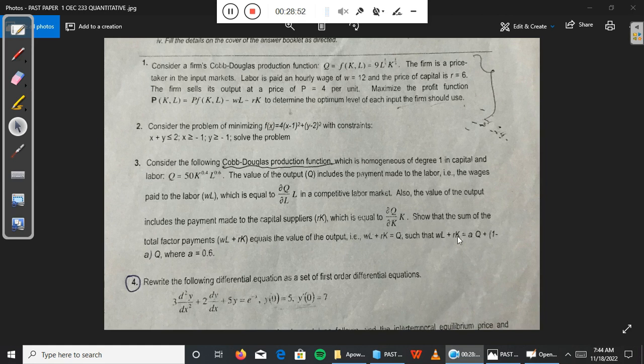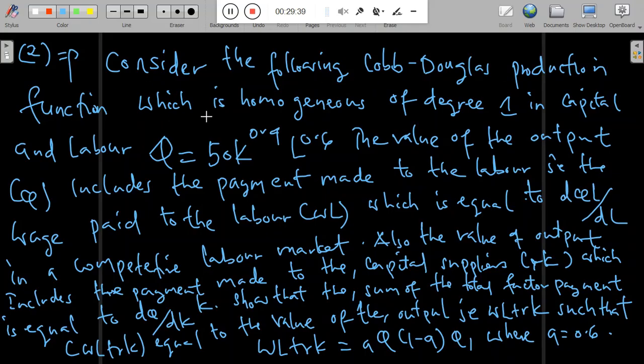The value of output includes the payment made to labor, the wage payment WL, which is equal to DQ over DL in a competitive labor market. Also, the value of the output includes the payment made to the capital supplies, that is RK, which is equal to DQ over DK times K. Show that the sum of the total factor payments, that is WL plus RK, is equal to the value of the output.